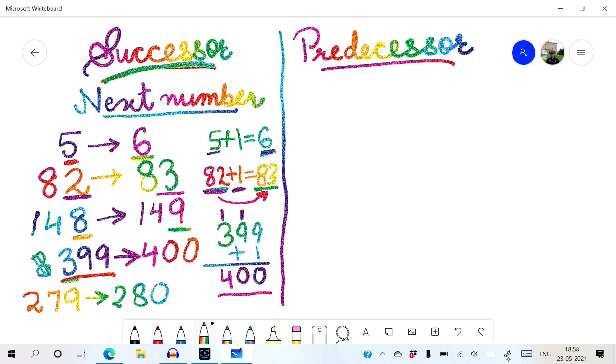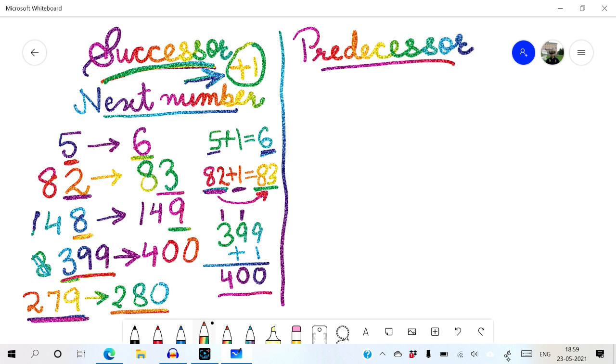Here also, children, we have added 1 to 279 and we got 280. So children, whenever you have to find out a successor, you have to add 1 to that number. So if you are getting confused at any point of time to find the successor, just add 1 to the given number and you will get the successor.